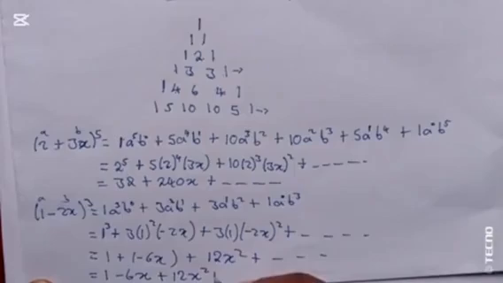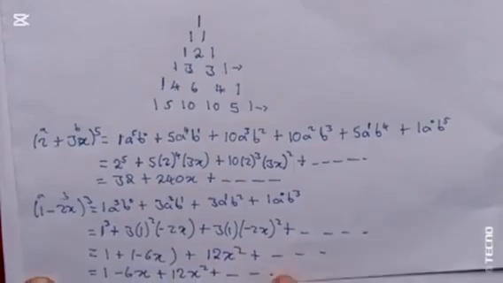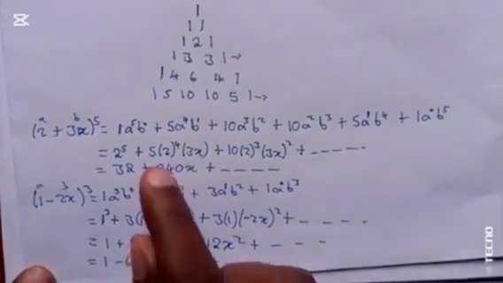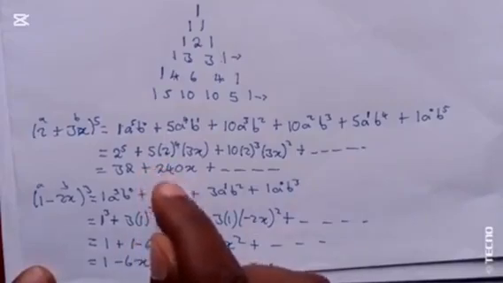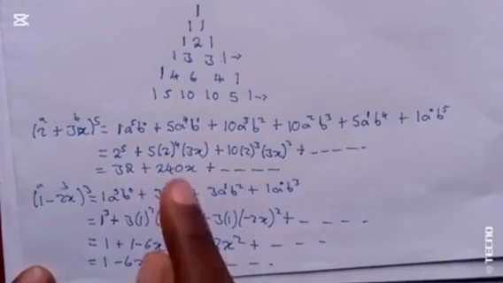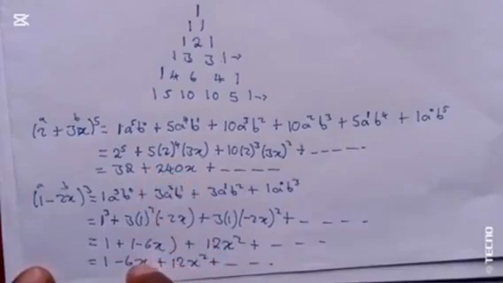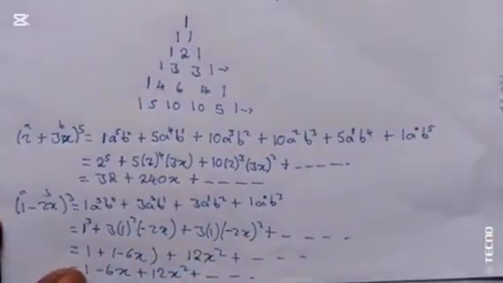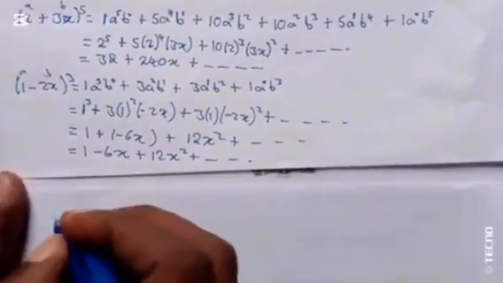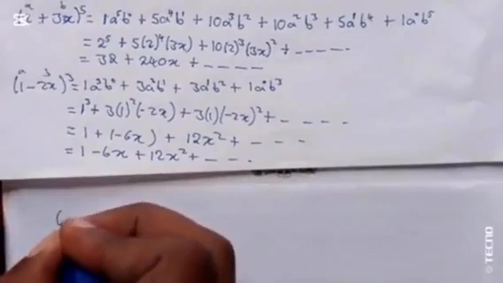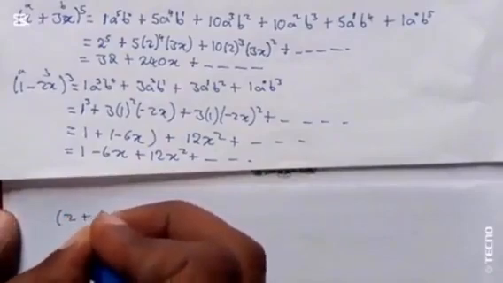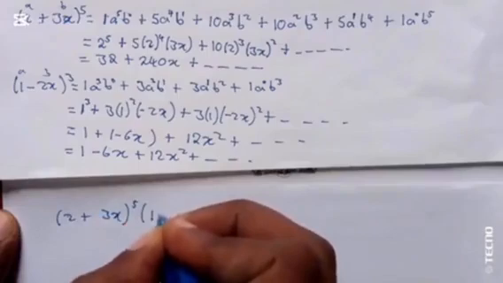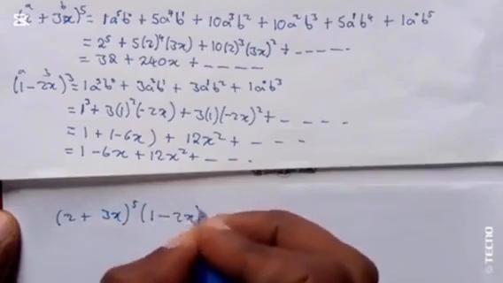Plus, so now we multiply with this one to finish the expansion that we have been given. Once you multiply this one and this one, that's where we're going to get the final answer. So now having 2 plus 3x to the power 5, we are multiplying it with 1 minus 2x to the power 3.